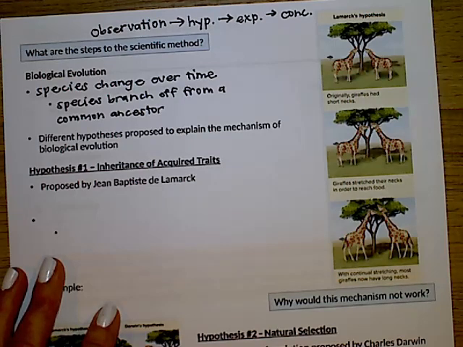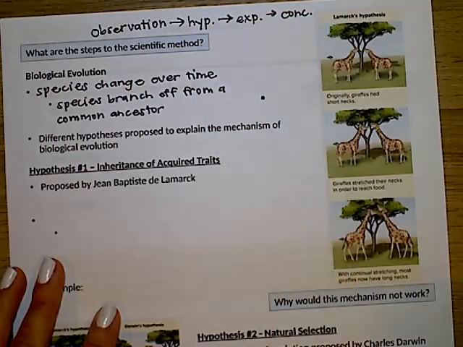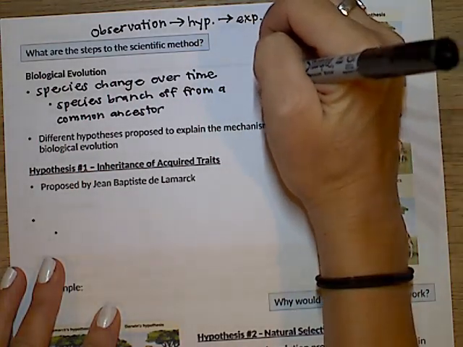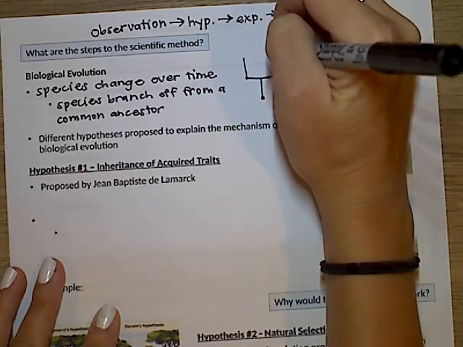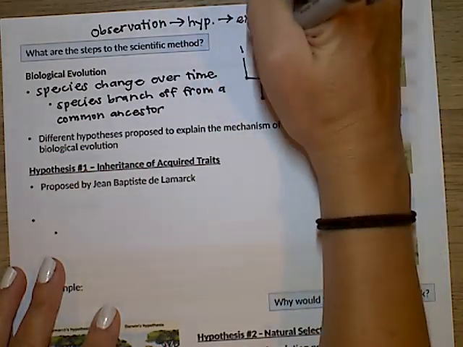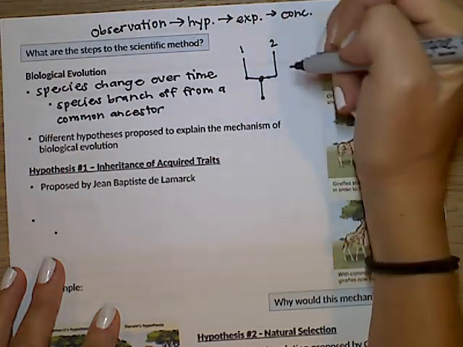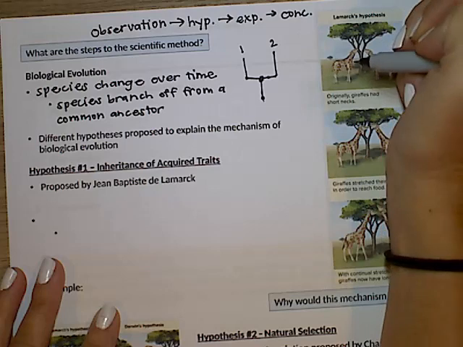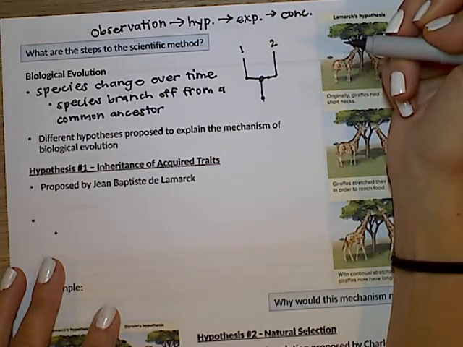I believe we talk more about this in evolution two, but there are phylogenetic trees. Let's say we have this species here that branches off into two different species that can no longer interbreed with each other. This right here would be the common ancestor, and they branched into two different species, or they evolved, they changed over time.